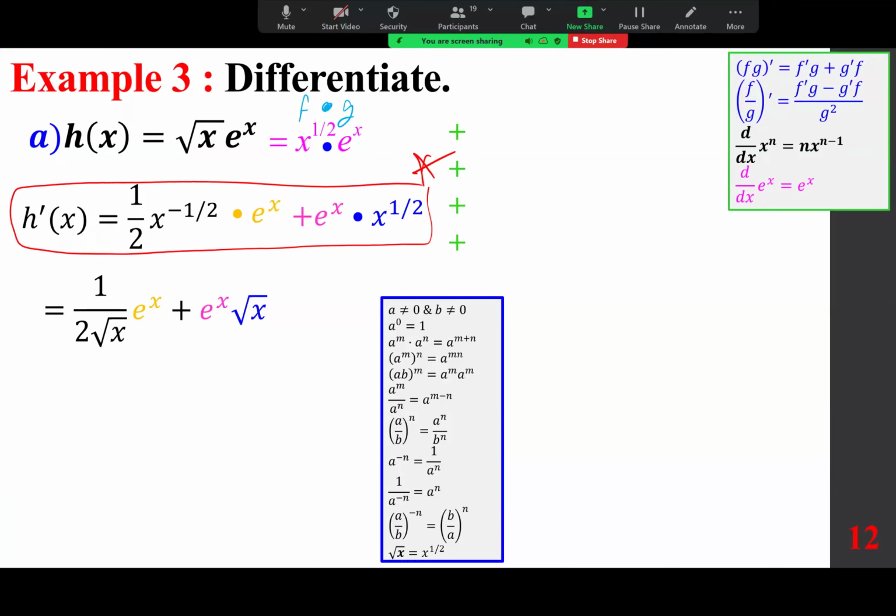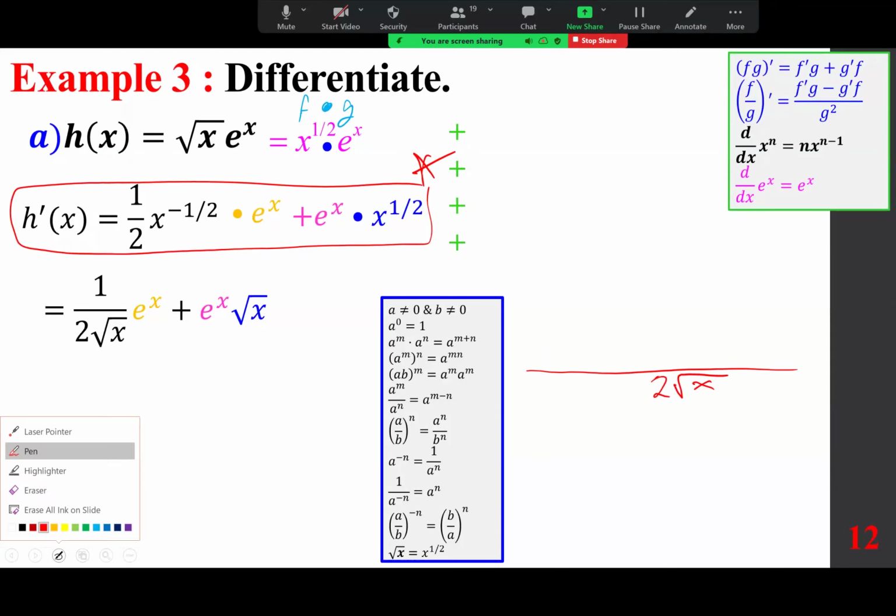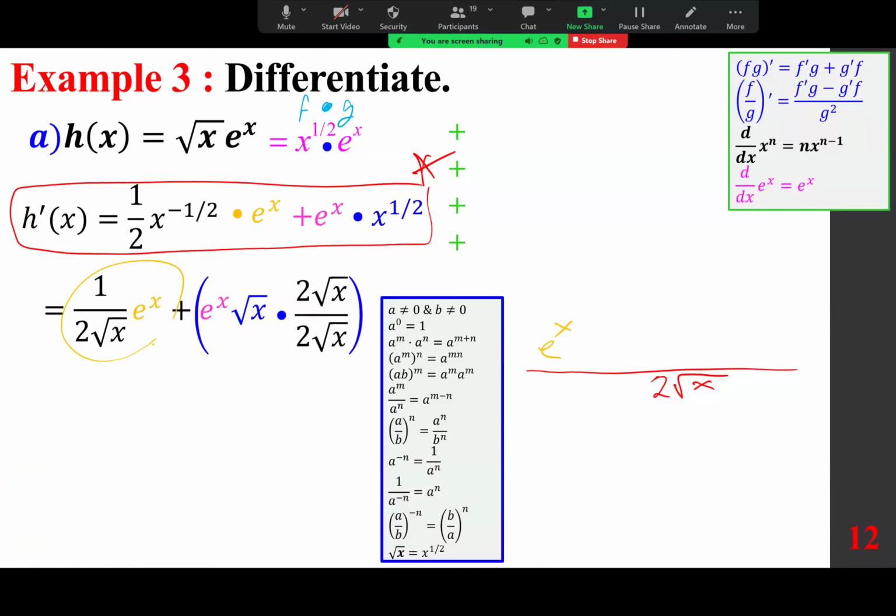And so to combine these two, you may recognize that the denominator is a 2 square root of x, and you can take the common denominator of 2 square root of x, which means the first one, everybody, is just this one, right? Take a look at this one. But the second one, you have to raise it by a factor of 2 square root of x over 2 square root of x.